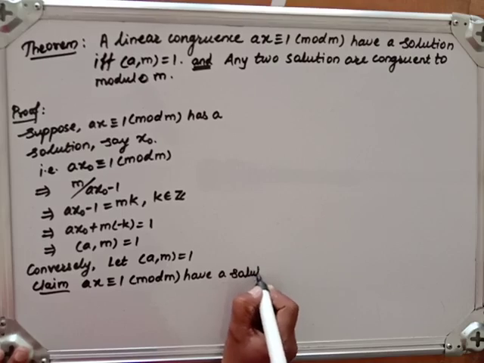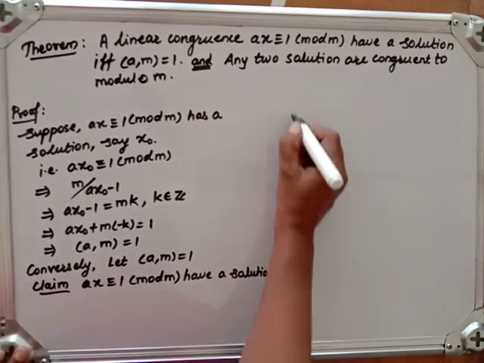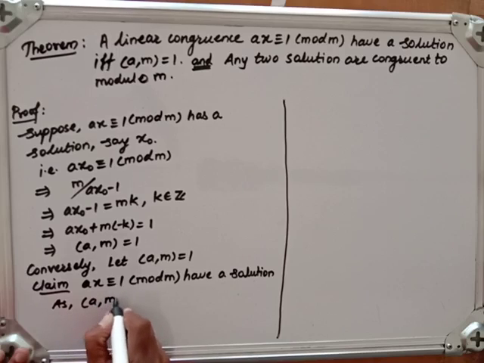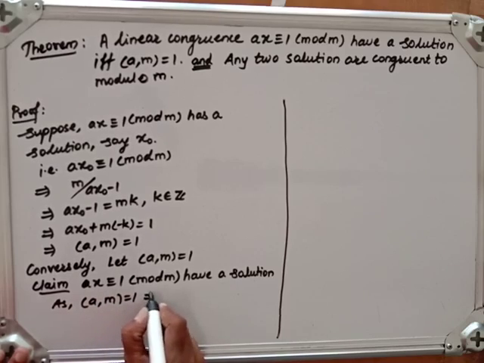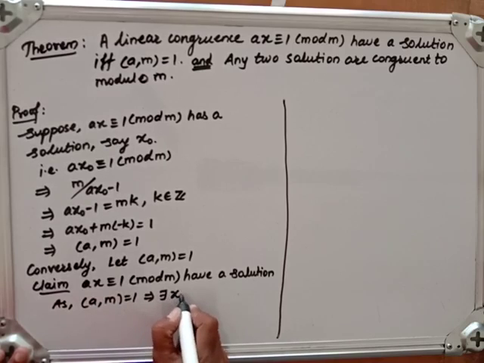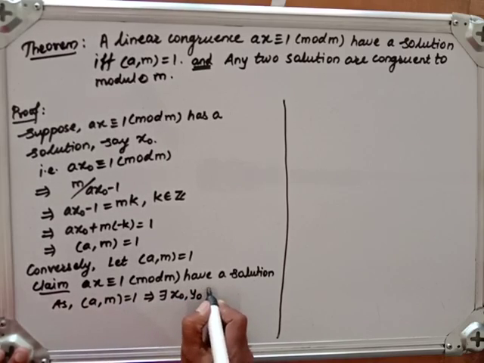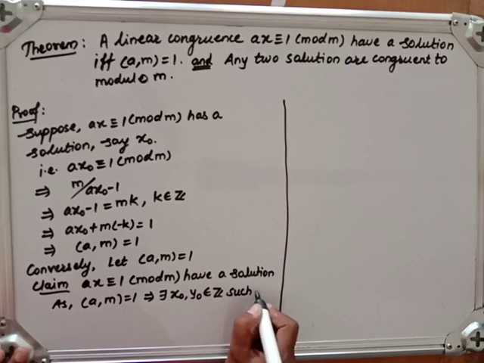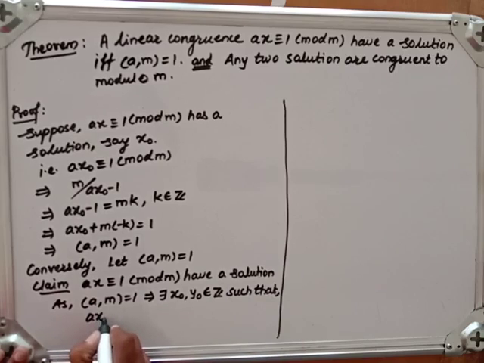As the GCD of A and m is 1, there exist x0, y0 integers such that Ax0 plus my0 equals 1.